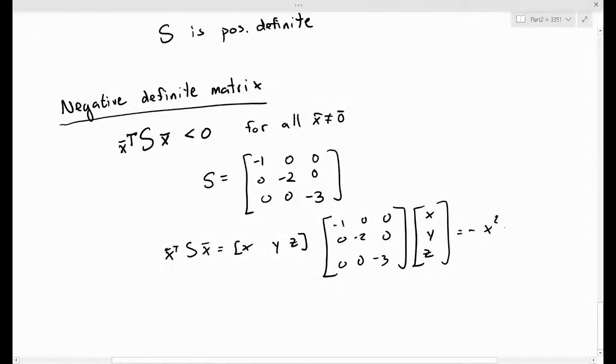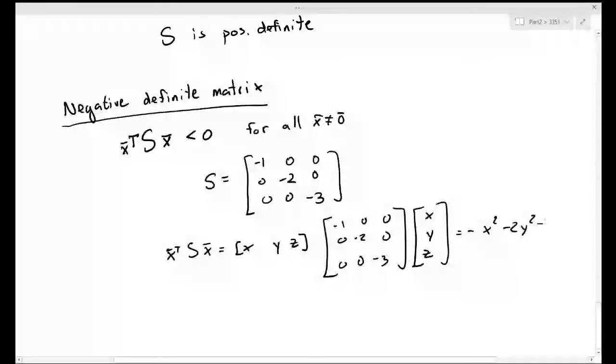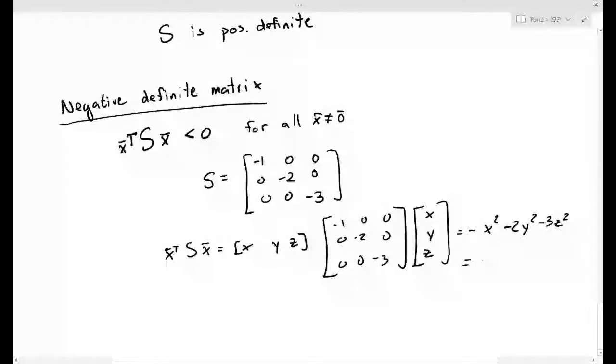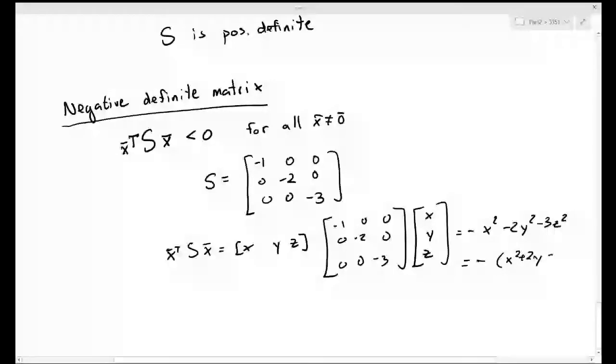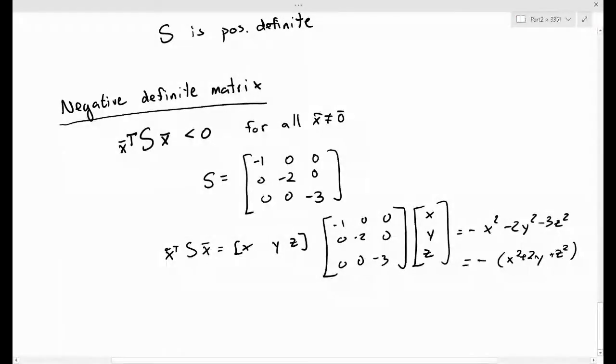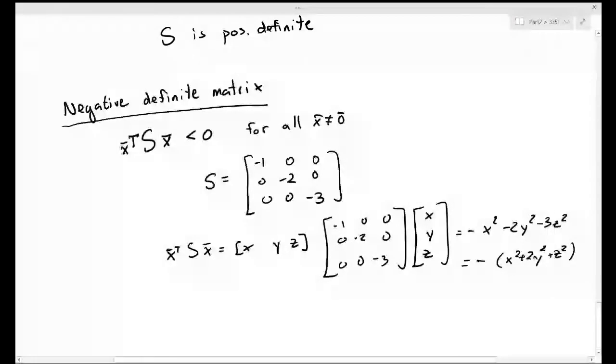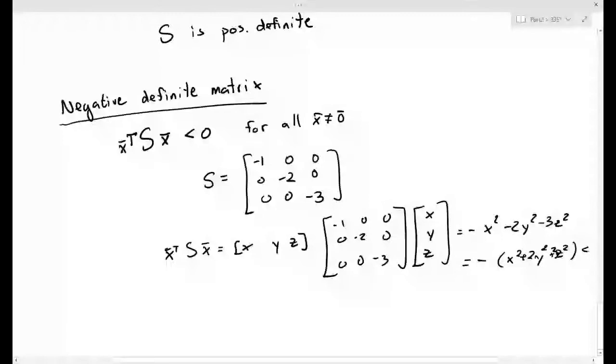Negative x squared minus 2y squared minus 3z squared. Okay. So that's clearly going to be not negative. I'm sorry, it's going to be negative for non-zero points. Okay, so that's negative.